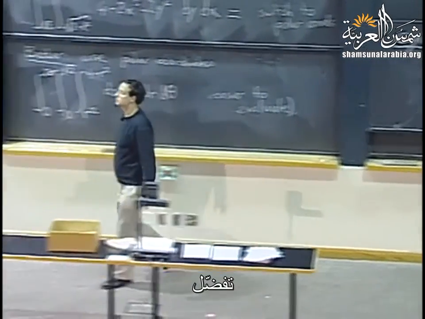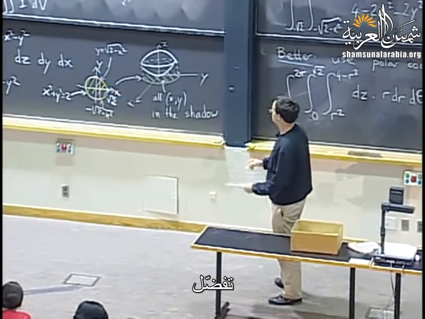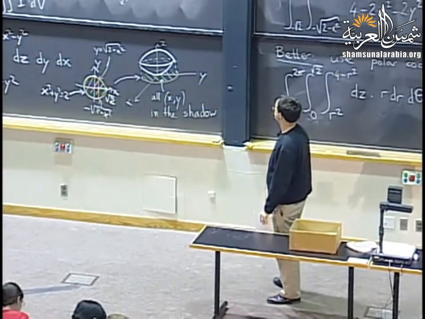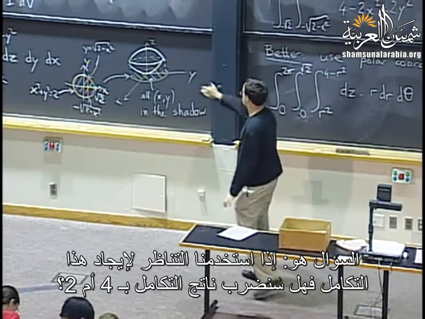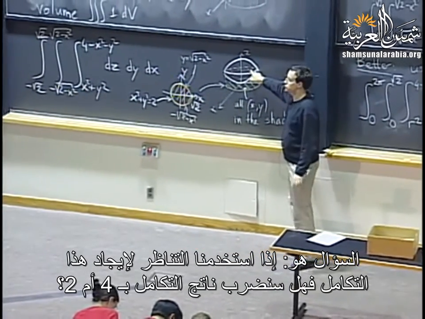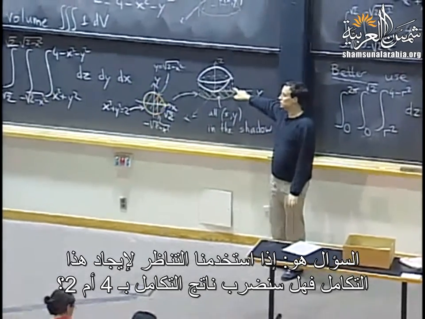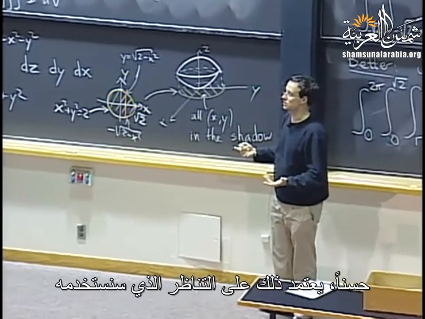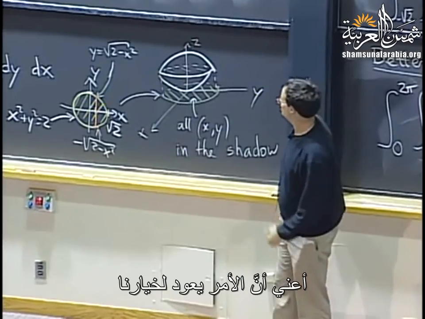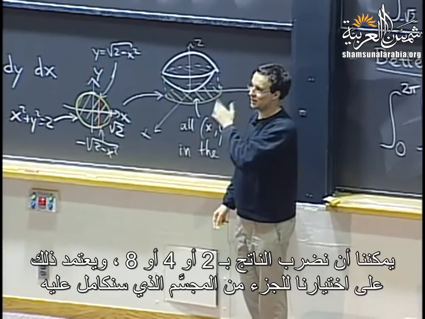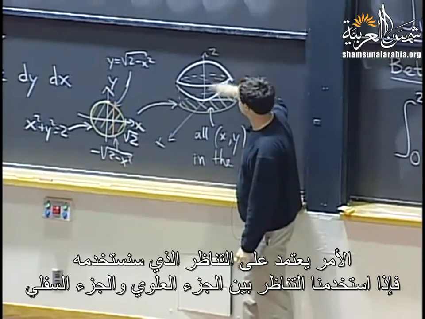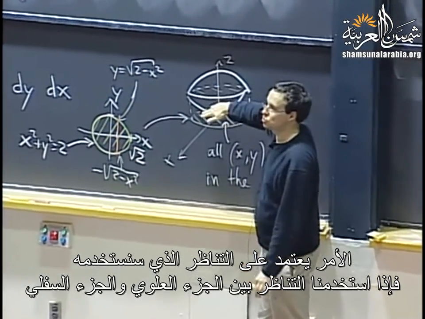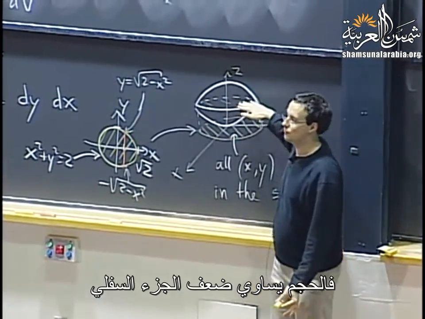Yes? Going back to... Well, it depends. The question is, if I were to use symmetry to do this one, would I multiply by 4 or by 2? Well, it depends on how much symmetry you're using. It's your choice. You can multiply by 2, by 4, by 8, depending on how much you cut it. For example, if you use the symmetry between top and bottom, you'd say the volume is twice the lower half.